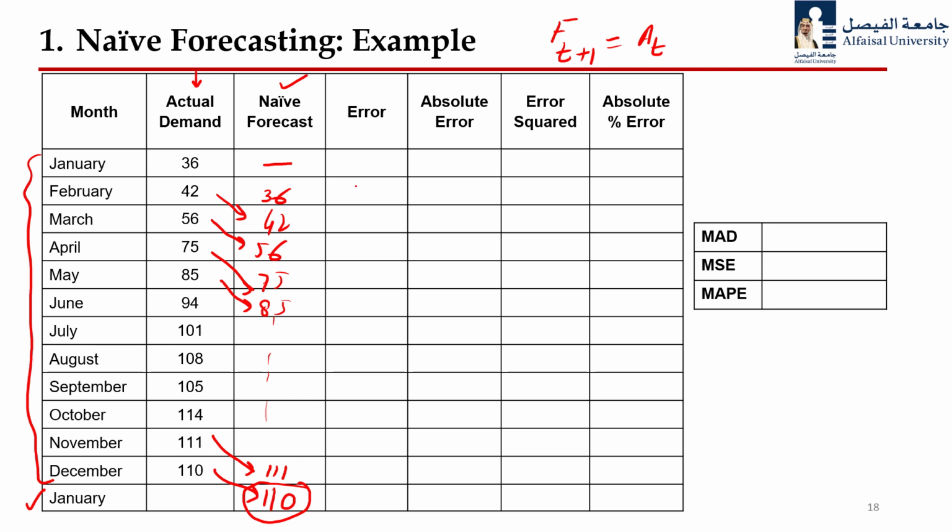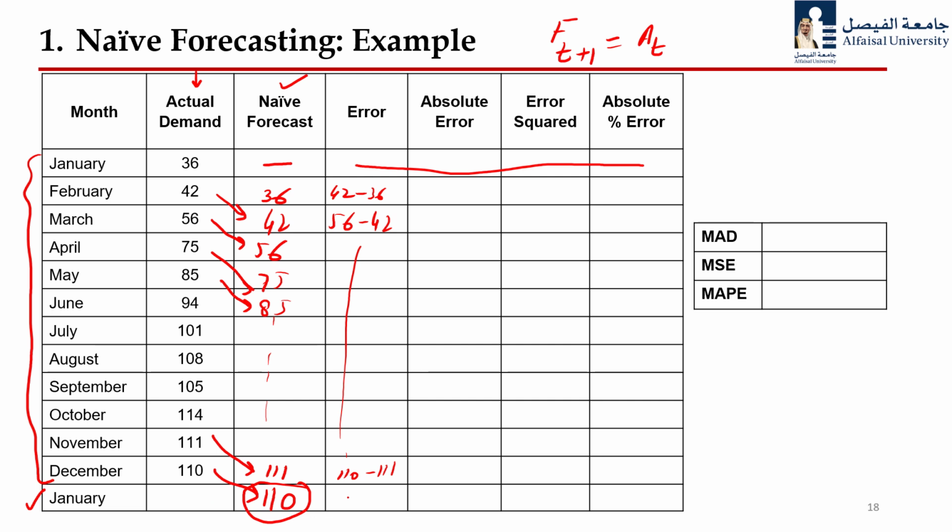These are things we already know how to calculate. Obviously the first month is going to be skipped because we do not have the forecast. To find the error, we take the actual demand, which is 42, minus the forecast. Similarly, actual 56 minus 42 and so on, and the last one is going to be 110 minus 111.